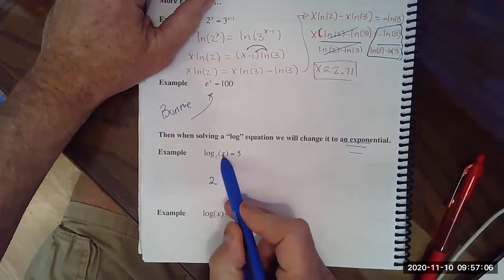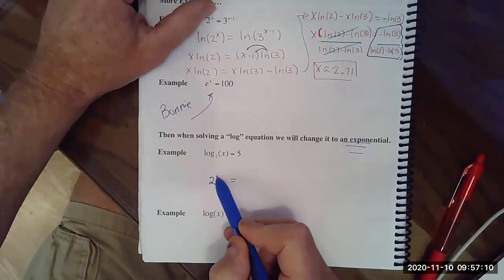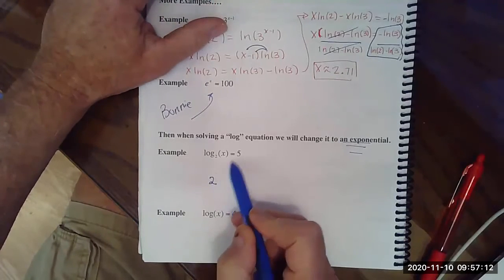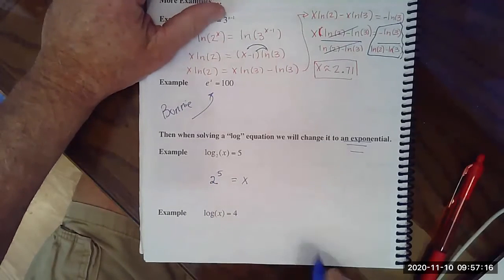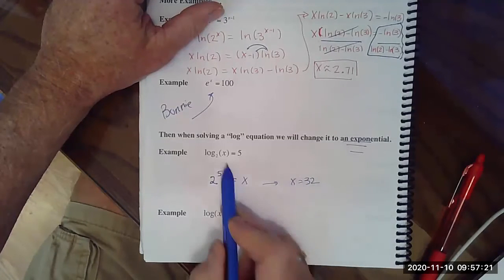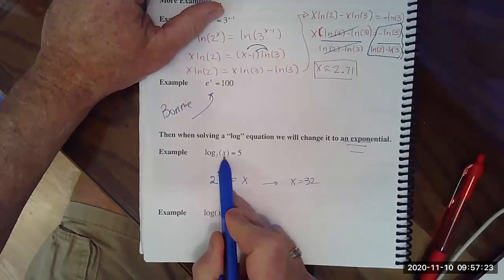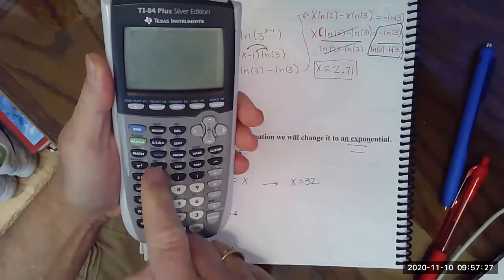If these are connected here, they're not connected down here. That's how I remember. It's not going to be the x here. Oh, that means it's got to be a 5. The x is over here on this side. So supposedly x equals 32 is the answer, and I can check that. Log base 2 of 32.